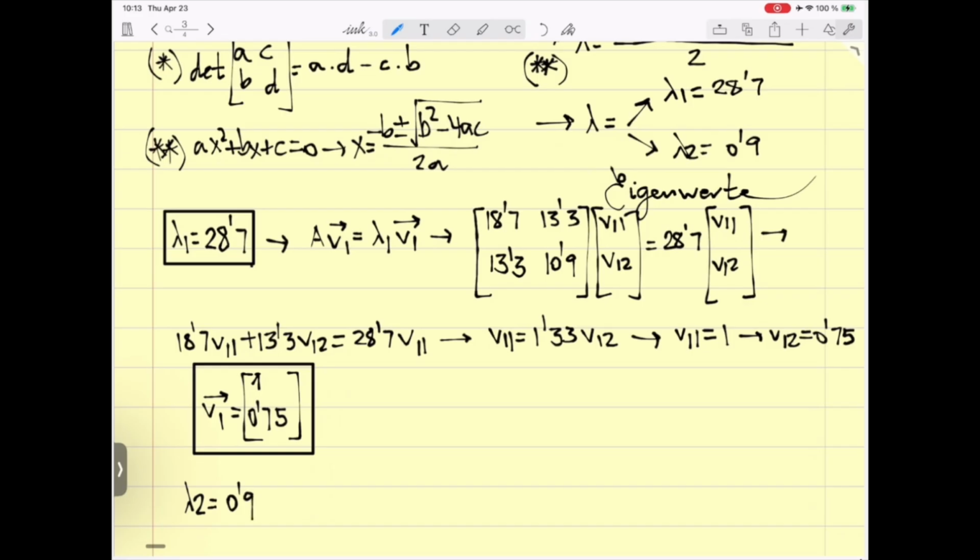eigenvalue, 0.9, so A times V2 equals lambda 2 times V2. This yields the following equation.